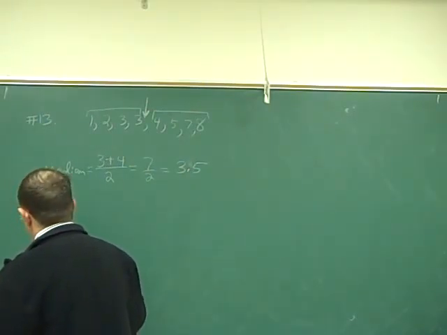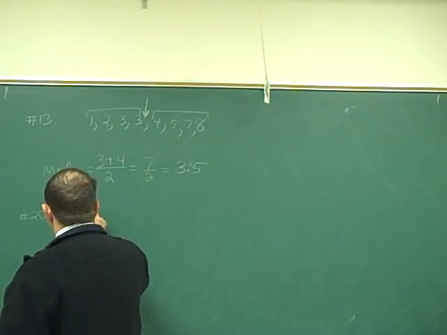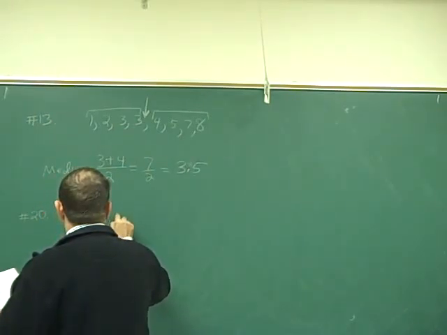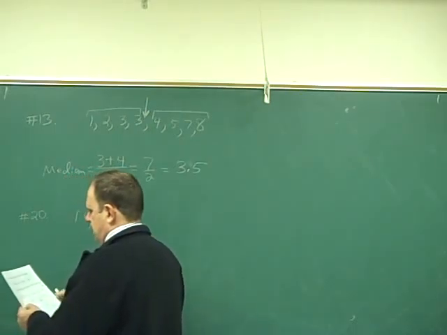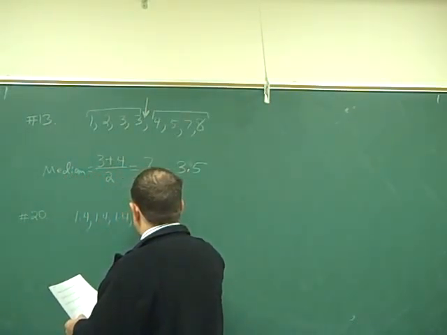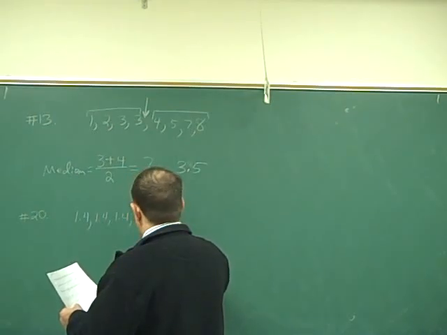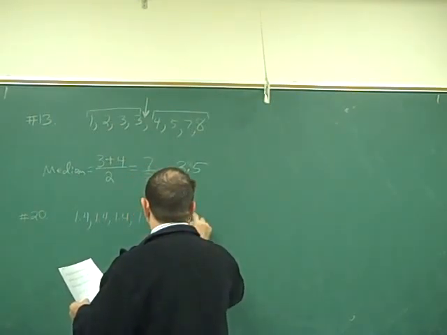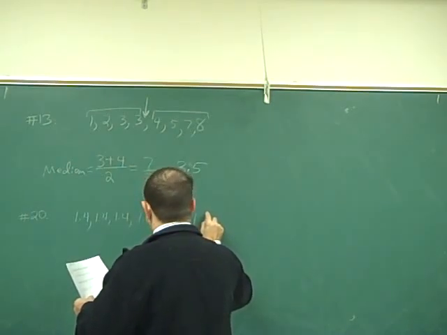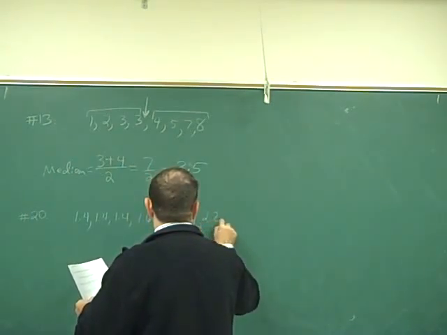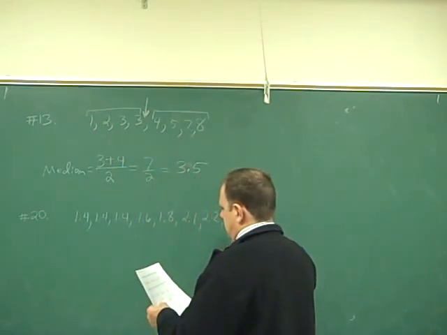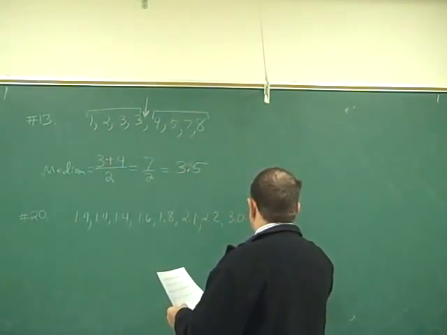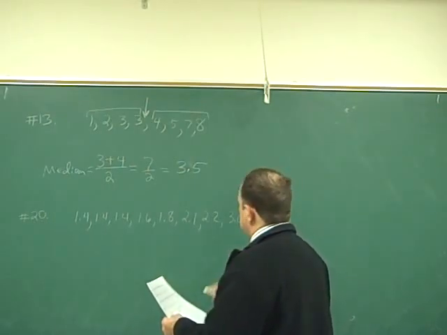Okay, so you have to start with the lowest, which is going to be 1.4, and then 1.4 again, and 1.4 again, and then it goes up to 1.6, and 1.8, 2.1, 2.2, 3.0, 9.0, and 9.0. Okay?